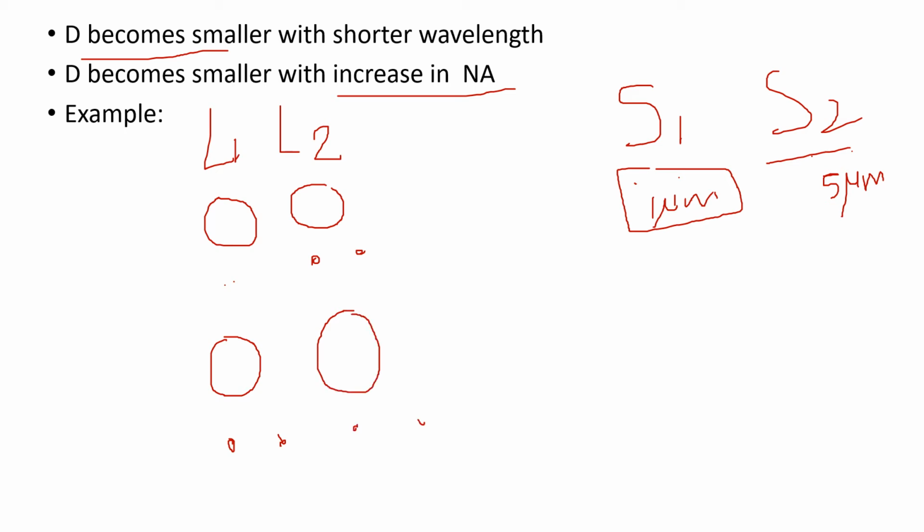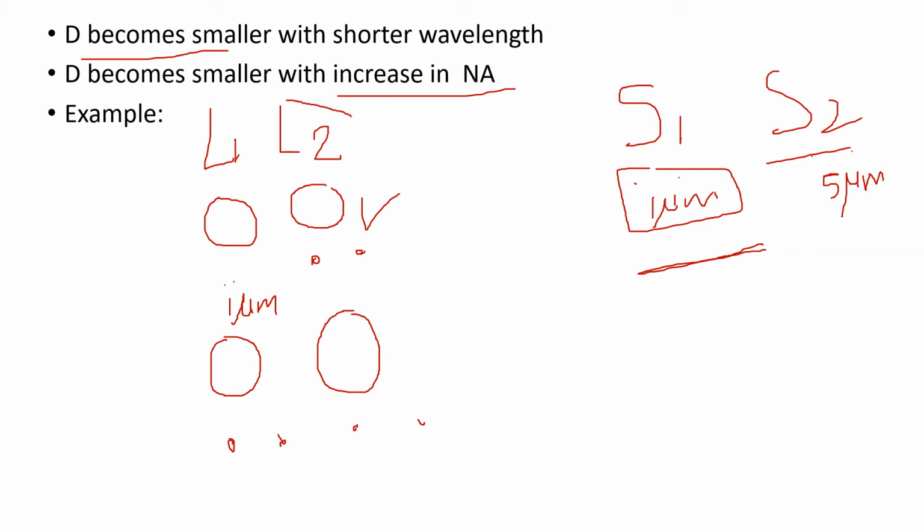But tell me, which lens has greater resolution? Which lens is providing greater resolution? The lens which can separate two points placed closer together. Here the lens cannot separate. It did not have the ability to separate the objects placed 1 micrometer apart, but this lens had it.